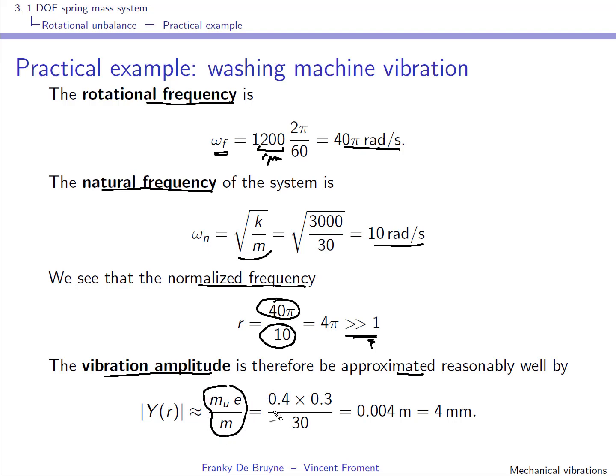So we compute the mass of unbalance, that's 0.4. We multiply by the eccentricity, that's the diameter of the basket divided by 2, and overall mass is 30. Okay, so we see that the vibration amplitude is 4 millimeters.